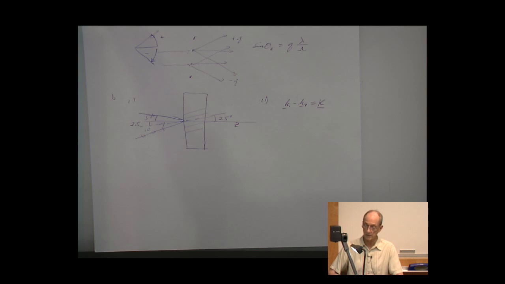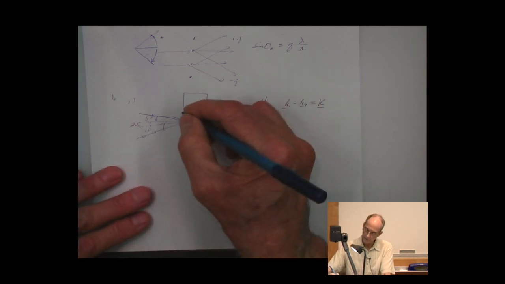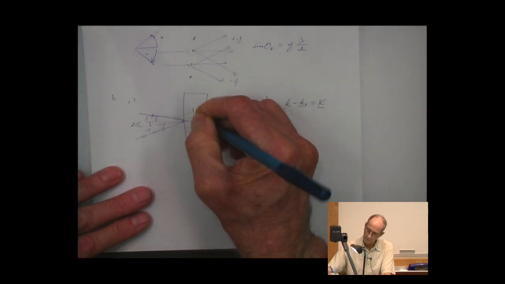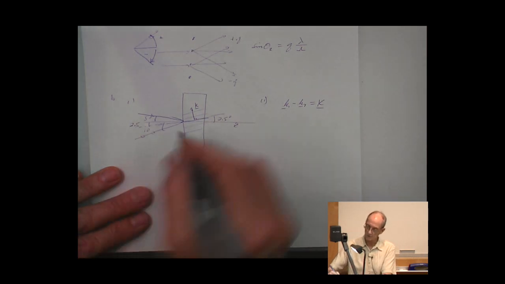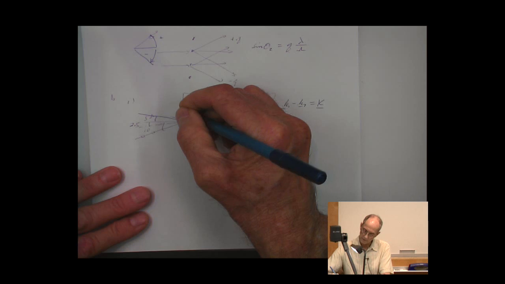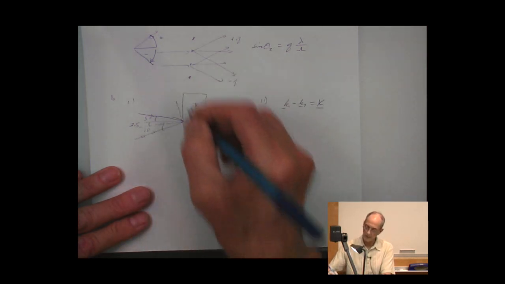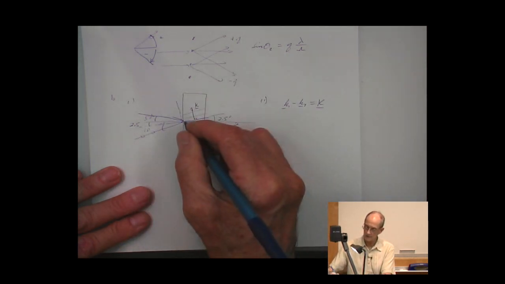You can get it pretty simply if you remember that the grading vector K is just perpendicular to those fringes, right? So now you have to figure out, so what is that direction? Well, it's either 92.5 or minus 87.5.